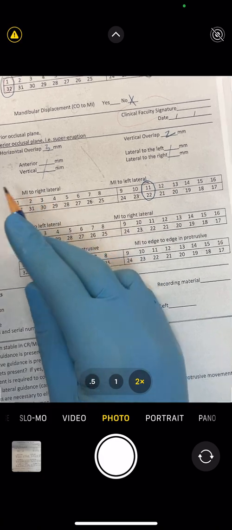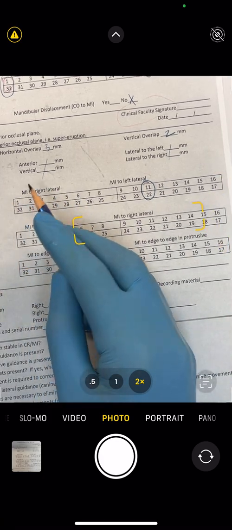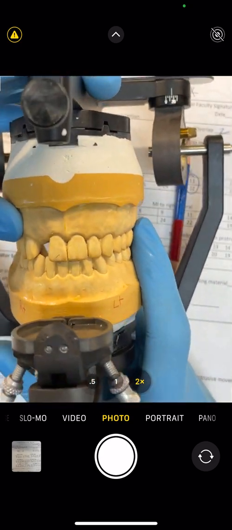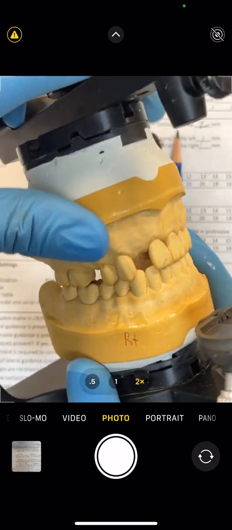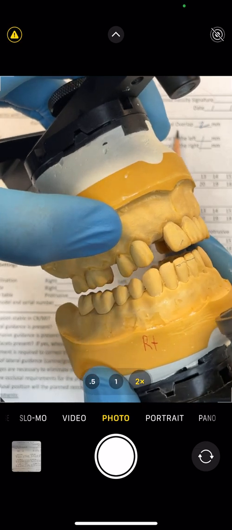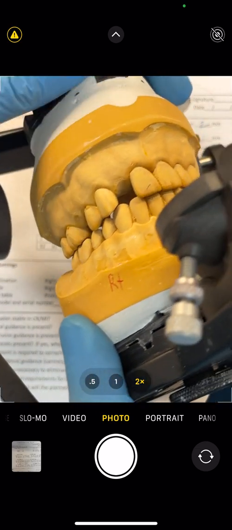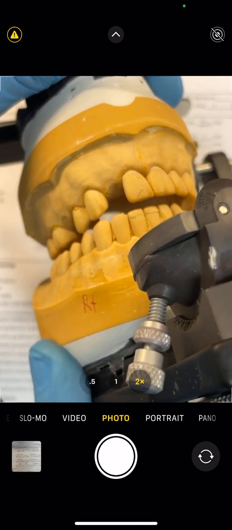Now let's do the working contacts on the right side, on the patient right side. Stabilize the articulator with your two hands and slide them over each other. Trying to show you what I see.